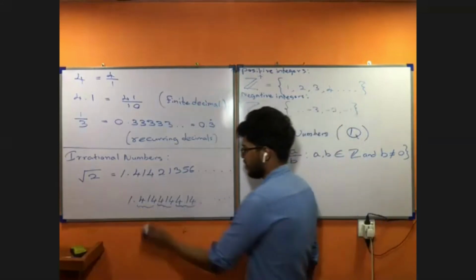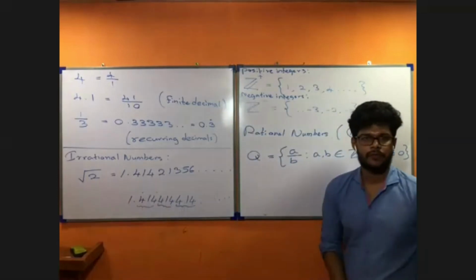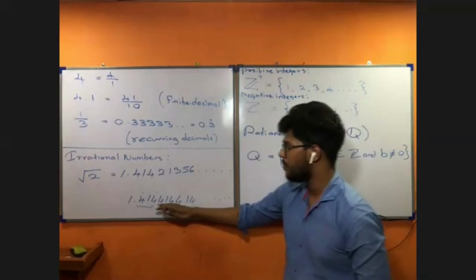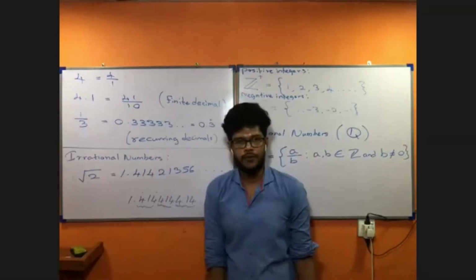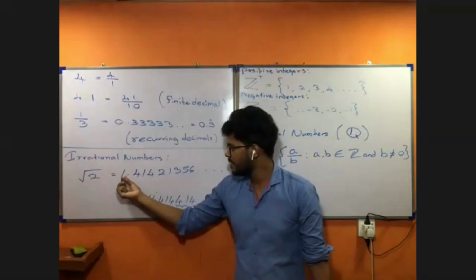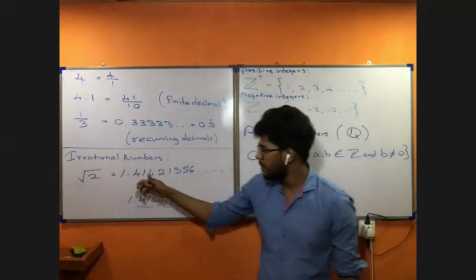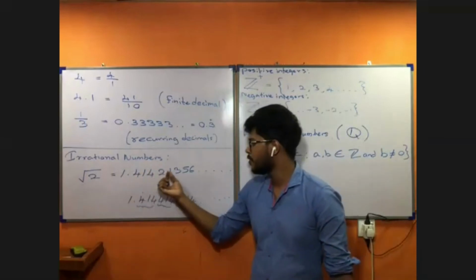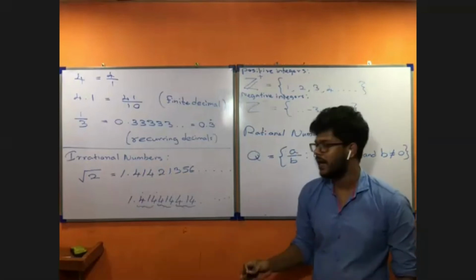Why? The same set of numbers are repeating. But if you use a calculator to find the square root of 2, there will be no pattern at all, just different numbers, 4 1 4 2 1 3 5 6, like that, a different set of numbers without any pattern.